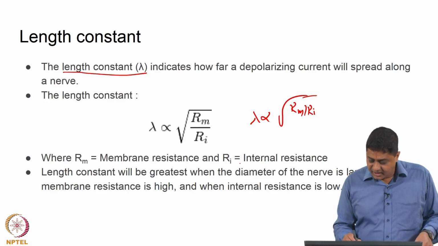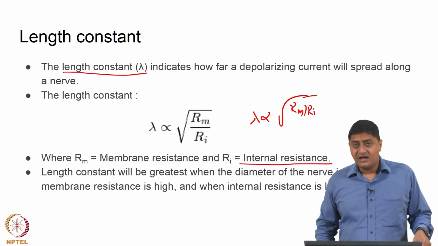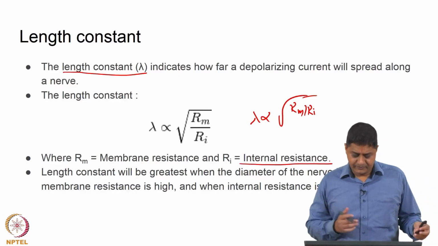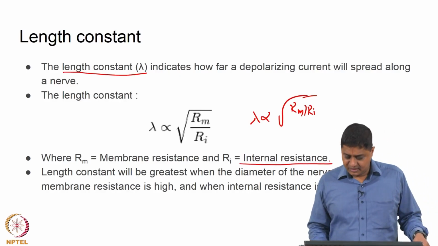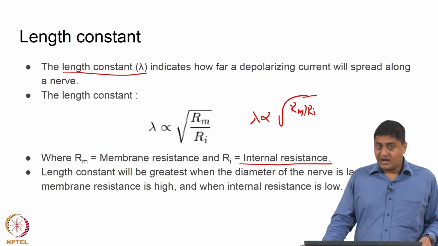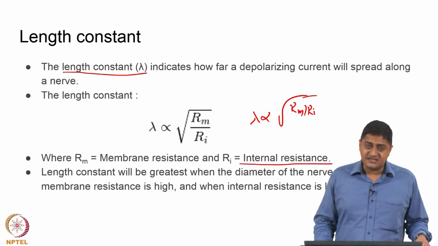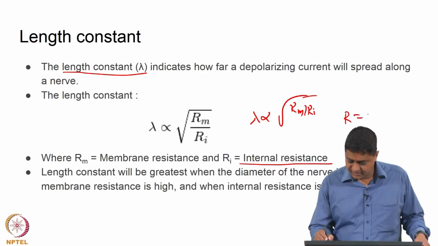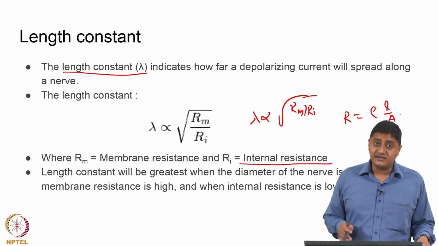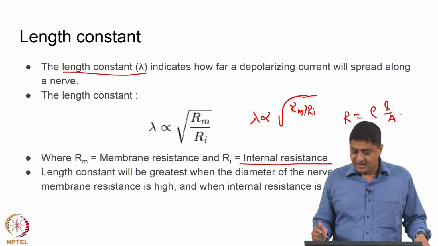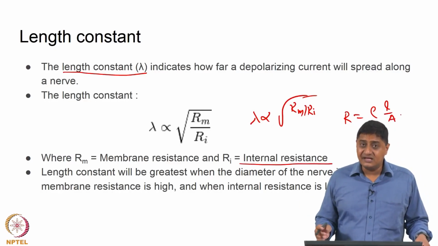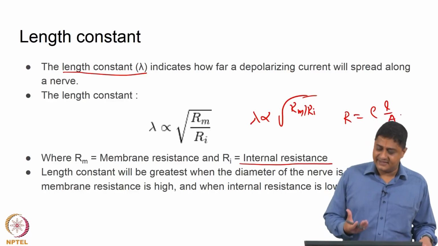Here Ri is the internal resistance, and we know something from metallic conductors, right, that their resistance is R equals rho L by A. Basically, as the length increases, the resistance increases, and as the area increases, the resistance decreases.